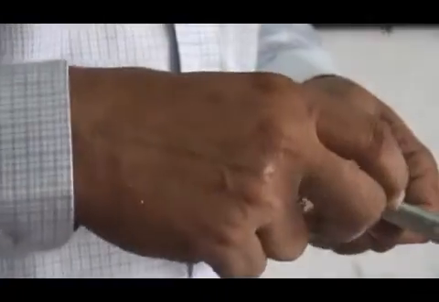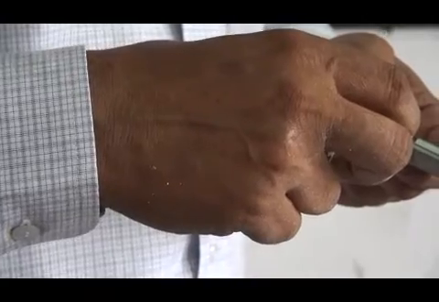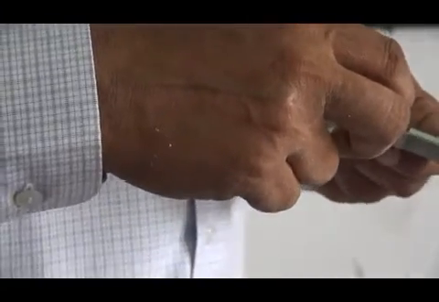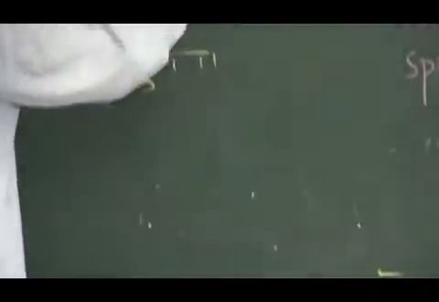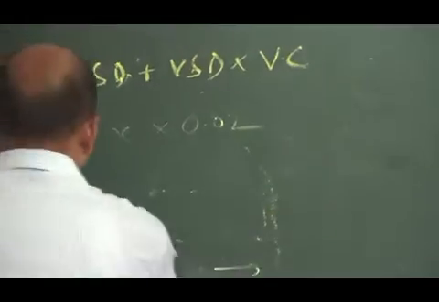The vernier 0 is above 3, more than 3, so 3 plus something. So we have to find out the total reading.